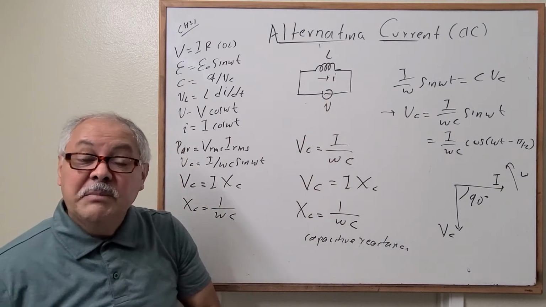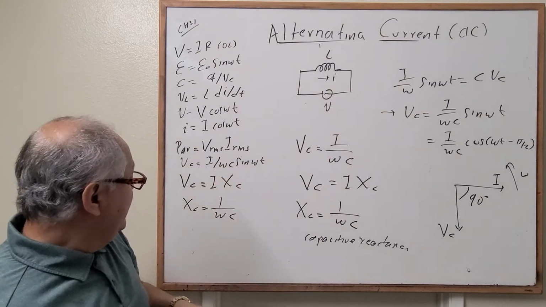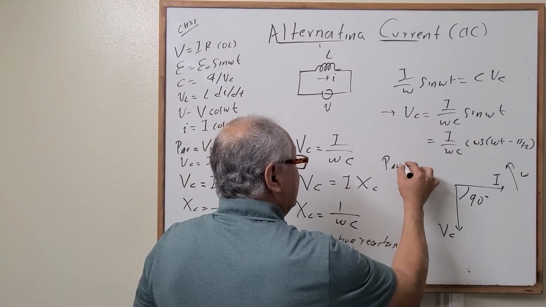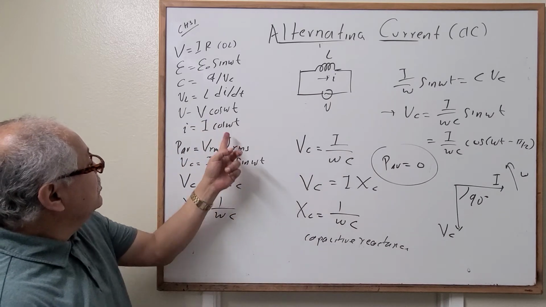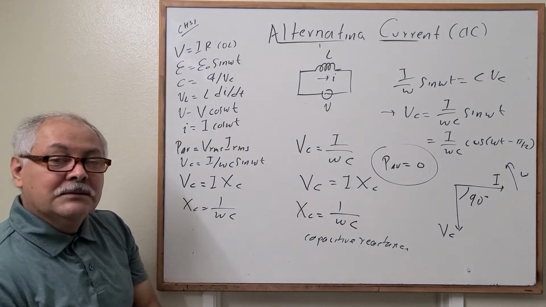Also, remember, we're looking for the average power. The average power for the capacitor is going to be 0, because we have the product of sine and cosine, and the average is going to be 0.